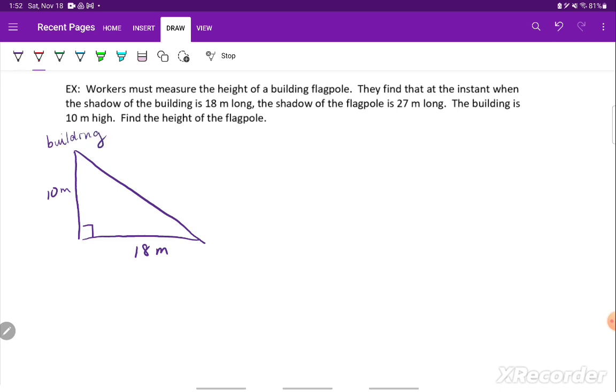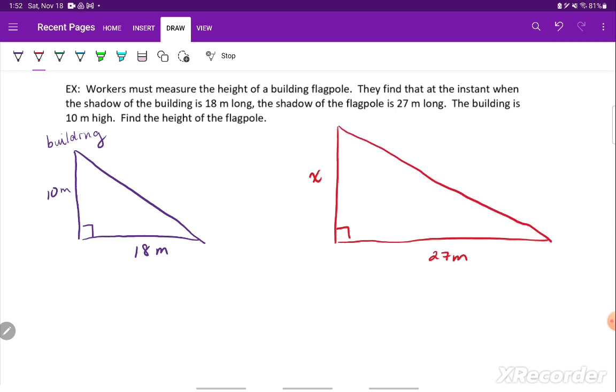Now I'm going to make another diagram to represent the flagpole. We've got a flagpole of unknown height, I'll call it x, that has a shadow of 27 meters. And again, we have a right angle here. And I'm going to create a triangle.